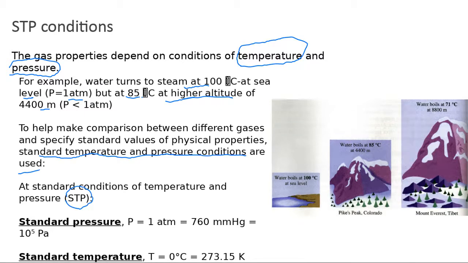The standard pressure is equal to 1 atmosphere, or in another unit, 760 millimeters of mercury, or 10 to the exponent of 5 Pascal. The standard temperature is 0 Celsius, which equals 273.15 Kelvin.